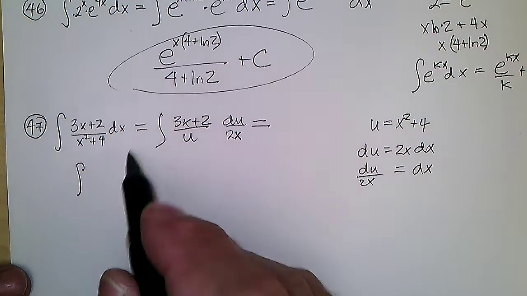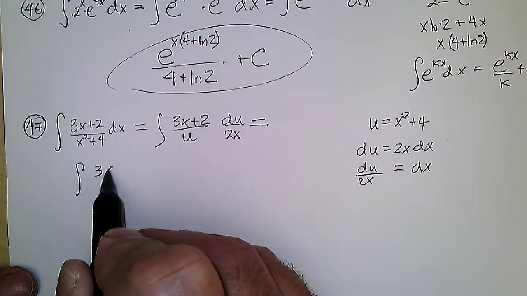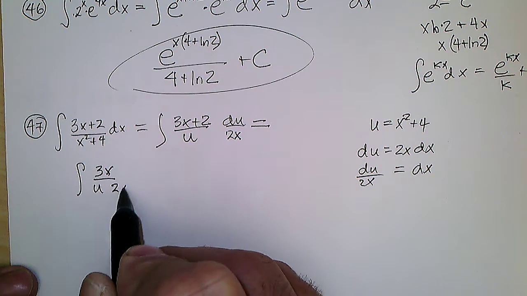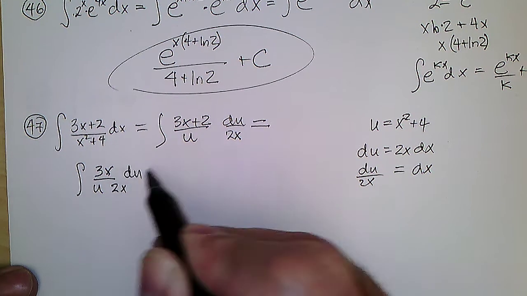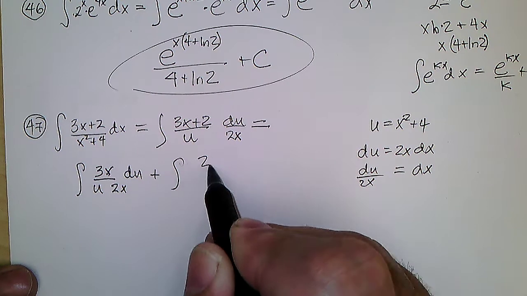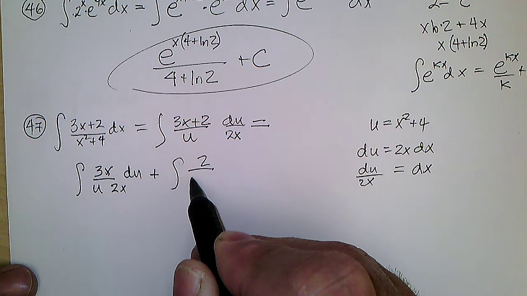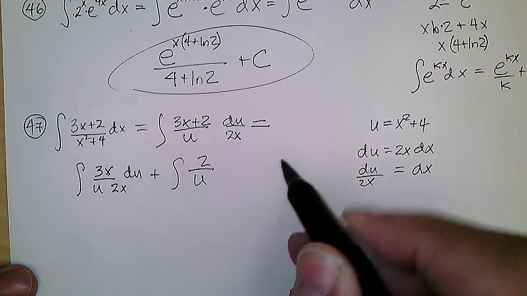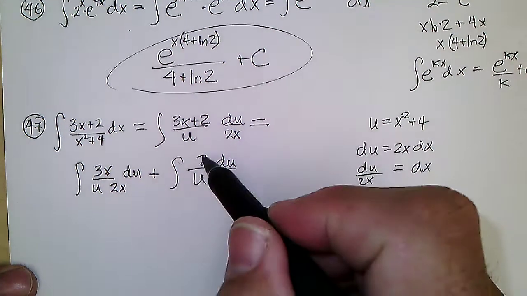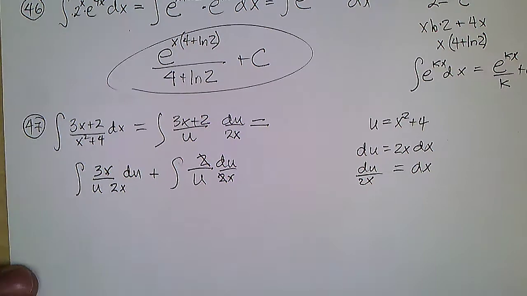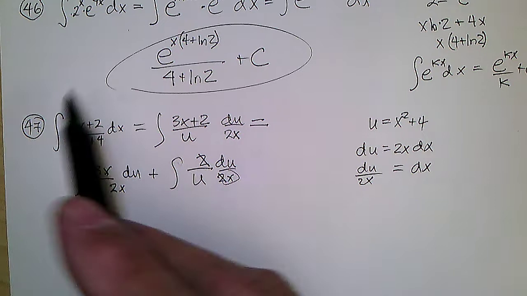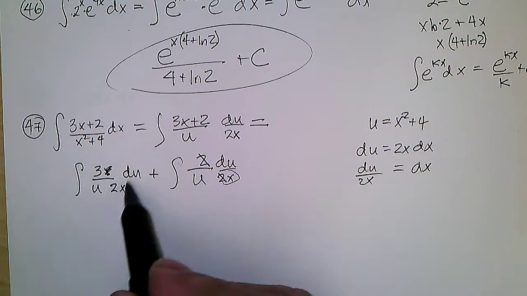This is going to be the integral of 3x over u times 2x du plus the integral of 2 over u du over 2x. These cancel, but this x is still there. This one, the x's would cancel.